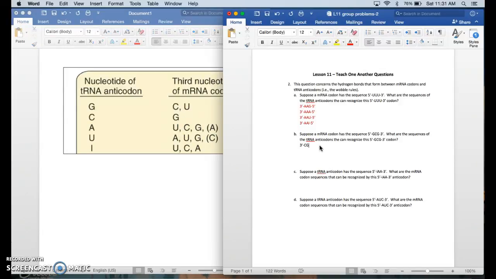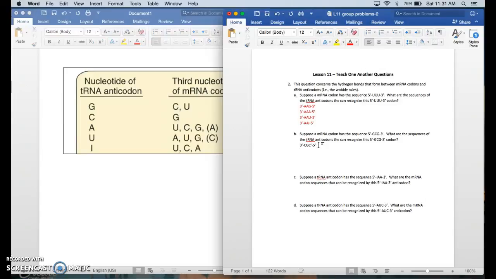The first one is G to C, which is the normal one that we're used to, 5'. Our second one, again, we follow our pattern, so CG always is normal, and then G can also match with A, so we have that one.